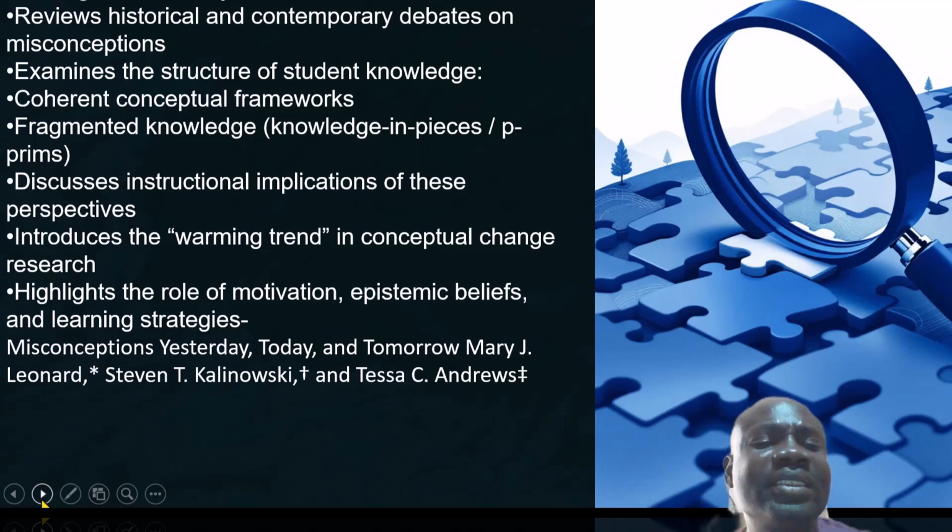After they had done this, they discussed the instructional implications of these perspectives, and they introduced the warming trends in conceptual change. That means they highlight the role of motivation, epistemic belief, and learning strategies.